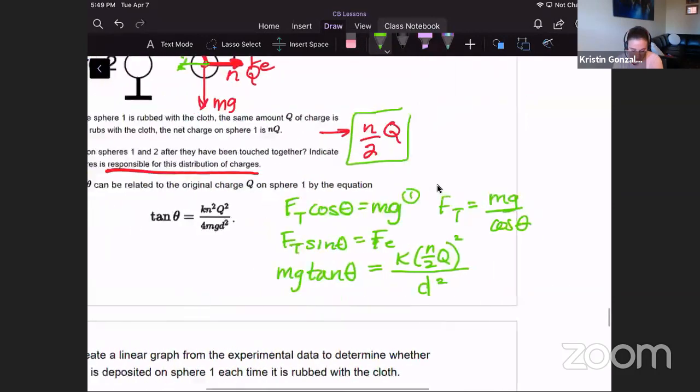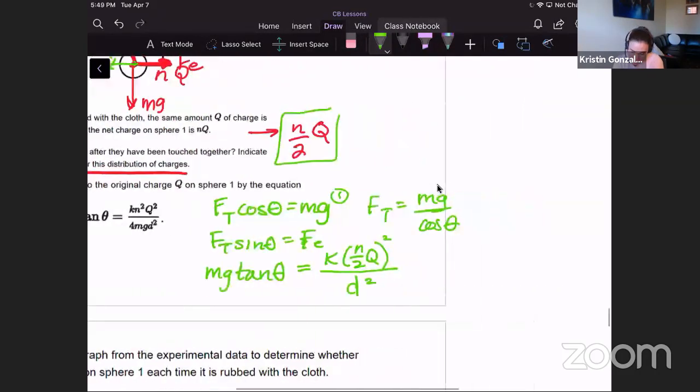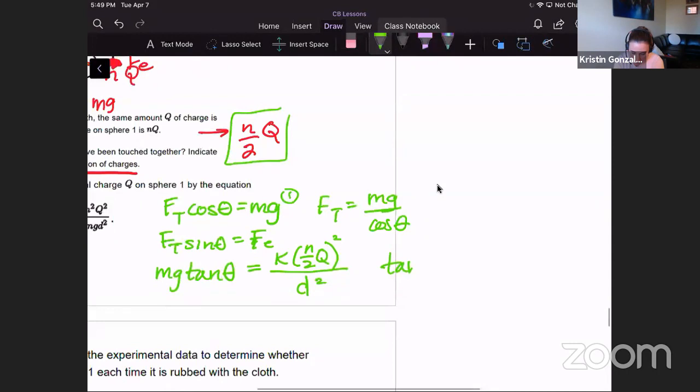And so then if we rearrange for tangent of theta, then tangent of theta will equal k times, now this becomes n over 4, which really the 4 can go on the bottom, times n squared times Q squared over 4 times d squared. And then to bring the mg over, we divide, so times mg.